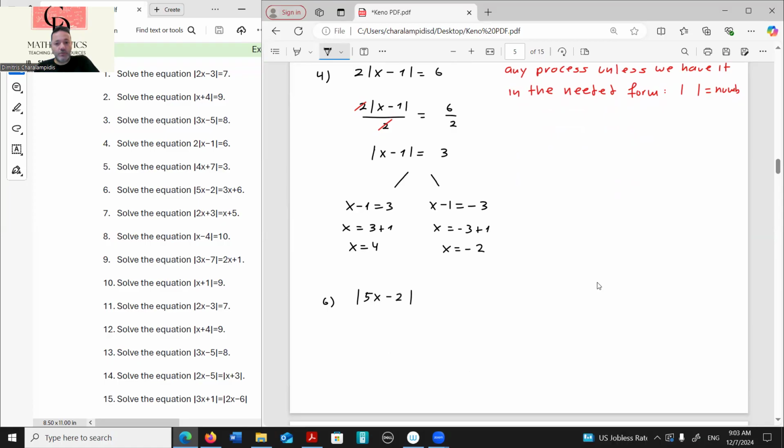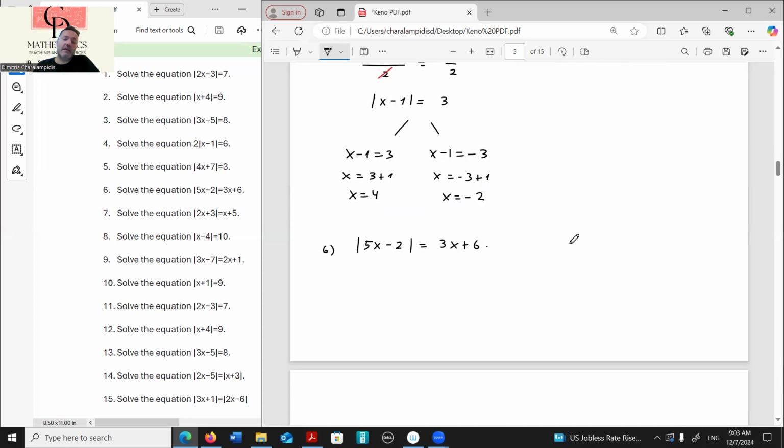Absolute value of 5x minus 2 is equal to 3x plus 6. Remember, that's the case in which we need to set up restrictions first. So I'm going to set my restriction.